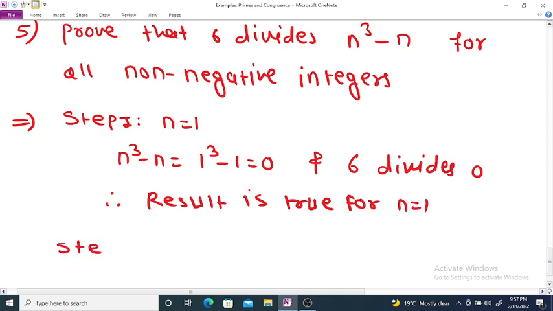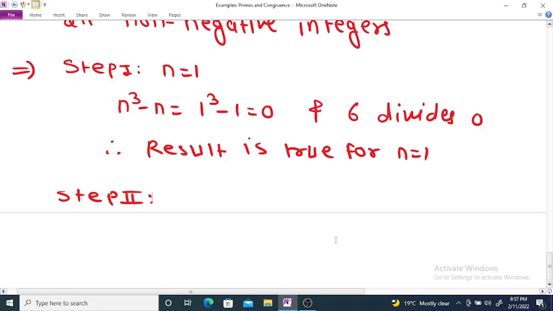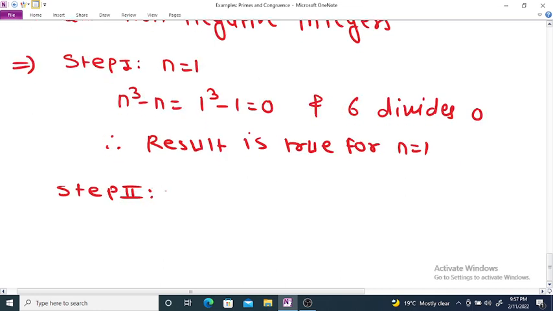Step number 2, we assume that the result holds for n is equal to k, where k is greater than or equal to 1.